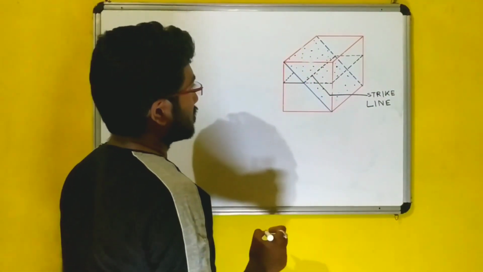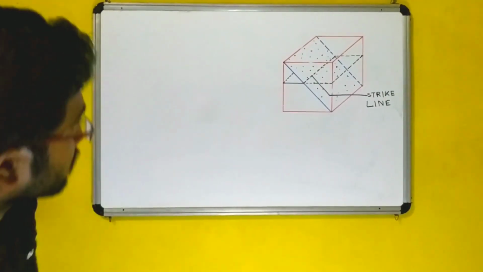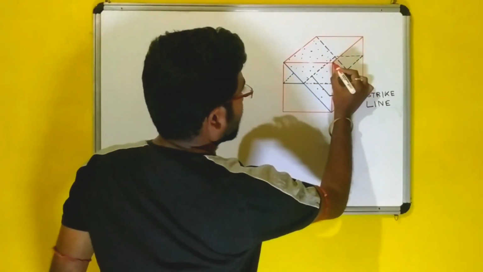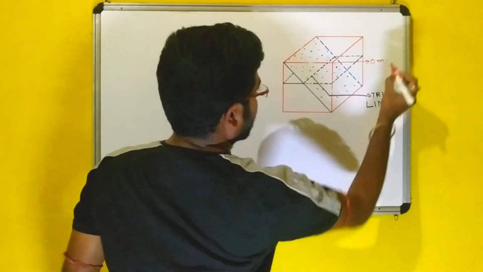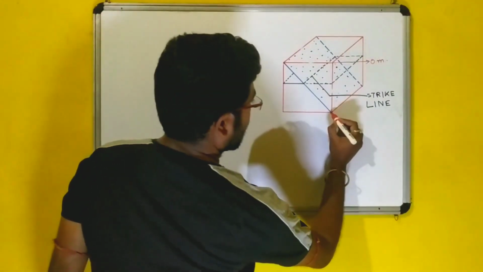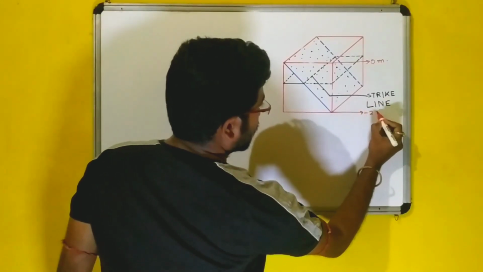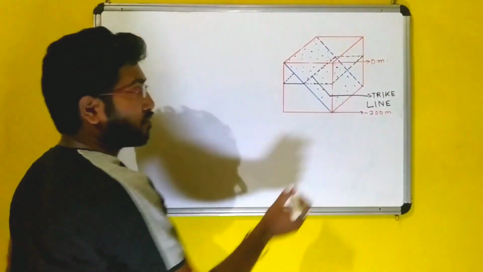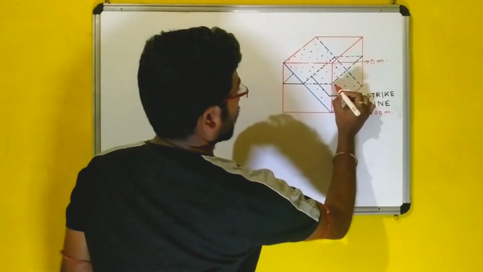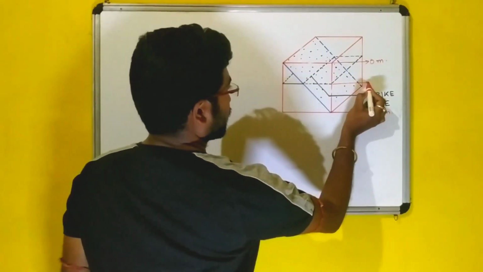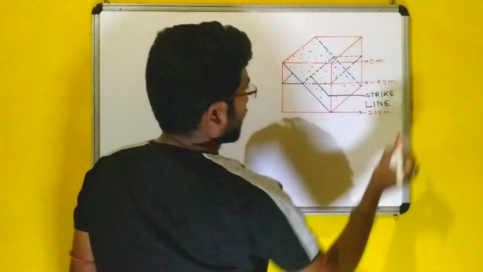and suppose this is 0 meter. Suppose this level is 0 meter and this level is minus 200 meter. We are going downward. Now this will be somewhere between, suppose minus 90 meter approximately.